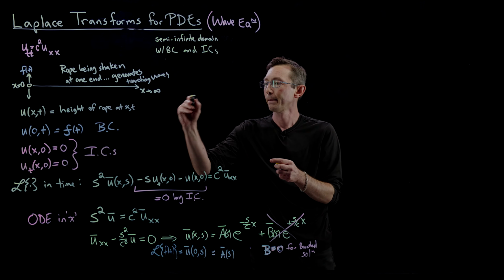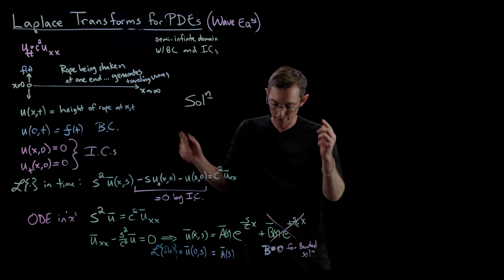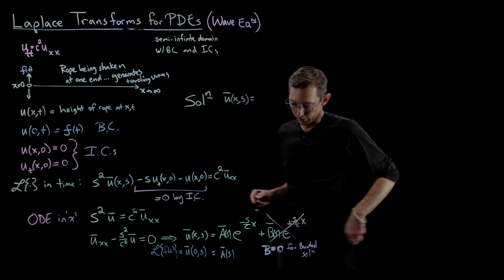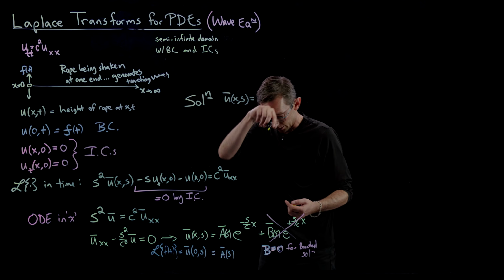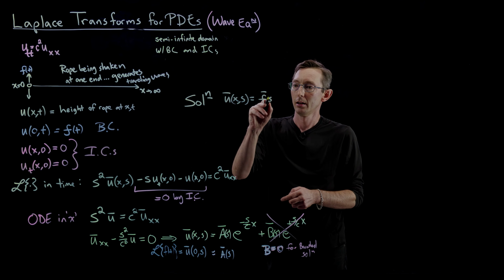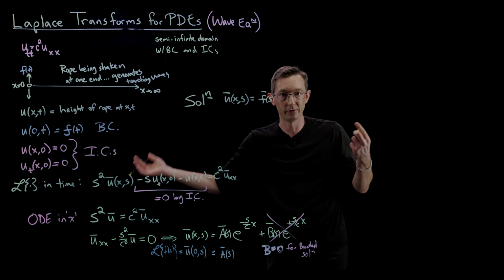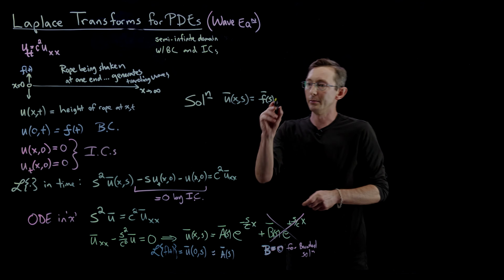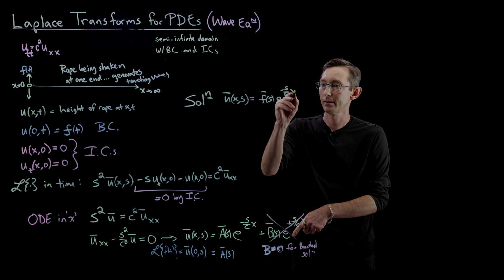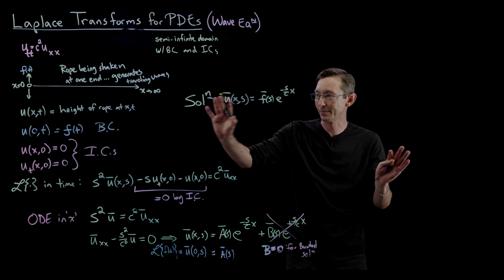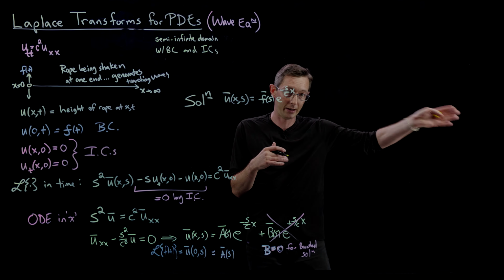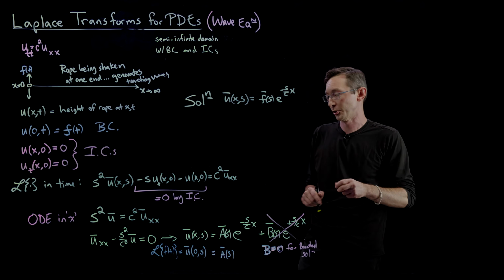The full solution in Laplace domain is u bar x comma s equals, I'll call this f bar, F bar of s is just the Laplace transform of my forcing f of t, times e to the minus s over c x. That's it. That's my entire solution to this rope being shaken one-way kind of semi-infinite domain wave equation.